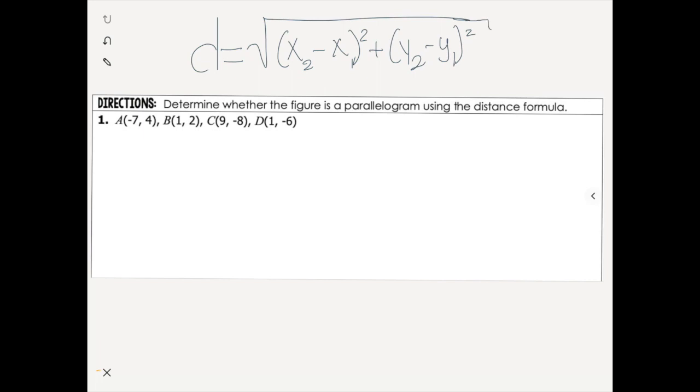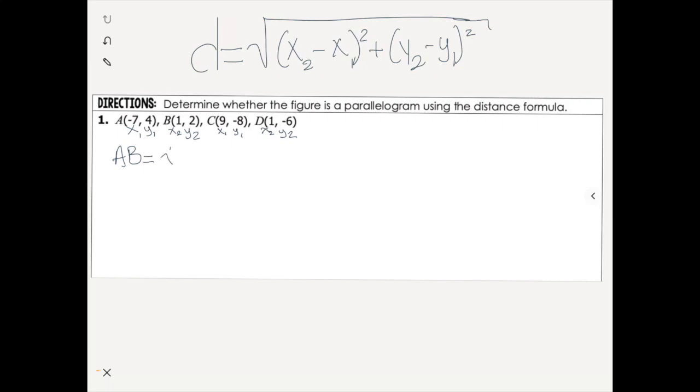So the first thing I'm going to do is label my points: x1, y1, x2, y2, and the same thing here. So first we're going to check AB. Remember, we need to check all 4 sides, so we're actually going to use the distance formula 4 times.